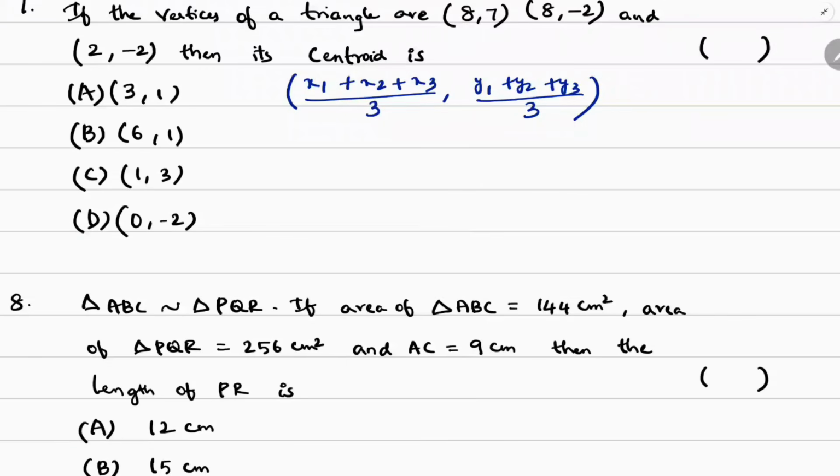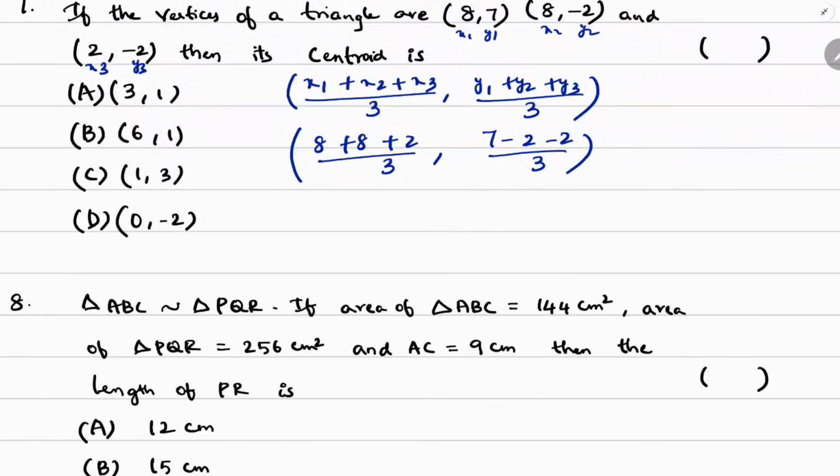Now here x1 y1, x2 y2, x3 y3. Substituting values: 8 plus 8 plus 2 by 3, and the y value is 7 minus 2 minus 2 by 3. 8 plus 8 is 16, 16 plus 2 is 18 by 3, 7 minus 2 is 5, 5 minus 2 is 3 by 3. 18 by 3 is 6, 3 by 3 is 1. So the correct option is B.